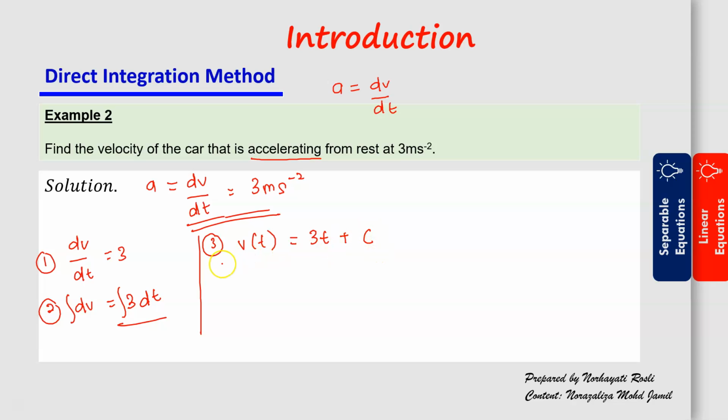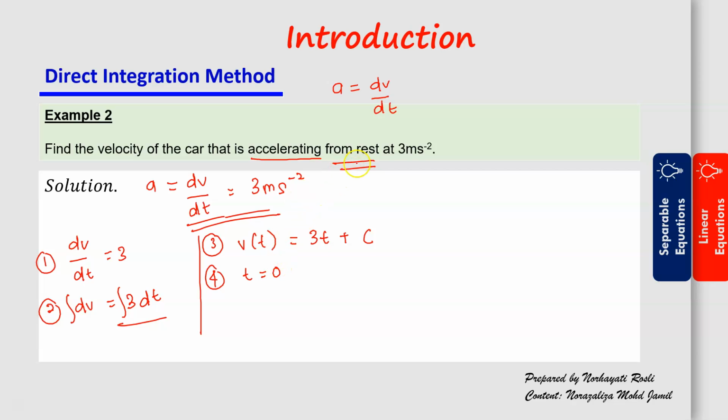Now class, this is in terms of the general solution. But the question asks you to find the velocity of the car that is accelerating from the rest at 3 meters per second. We have an additional point here which is mentioned: from rest. When it is mentioned from rest, it means that it is from t equal to 0.